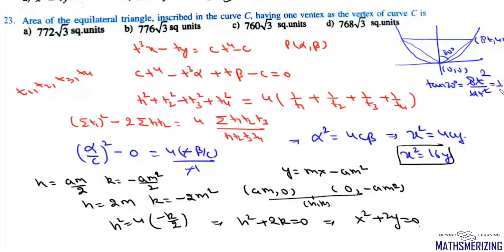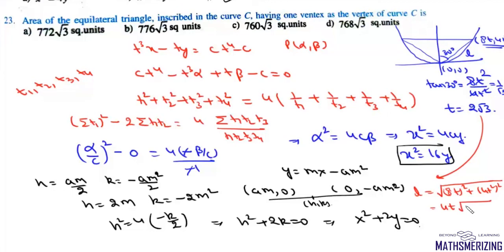Now tan 30 is 1 by root 3. So we'll get the value of t as 2 root 3. Now once we have t, we can find this point, and with it we can find length of side of this equilateral triangle. So length of this side will be under root of 8t whole square plus 4t square whole square. So we'll take 4t common, and then we'll get 4 plus t square.